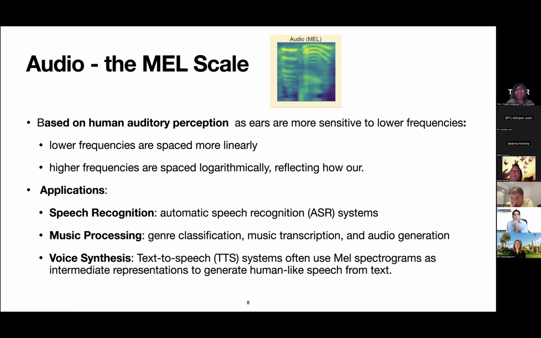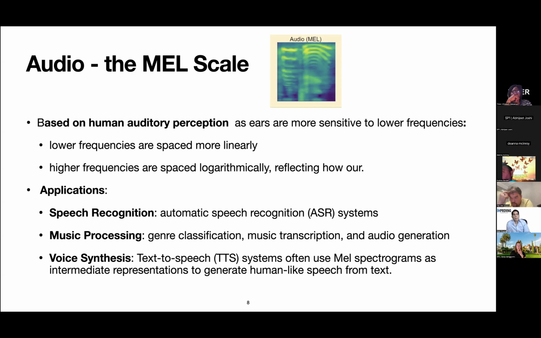The human ear is more sensitive to lower frequencies, as more of the content that we hear is in lower frequencies, whereas higher frequencies are where the ear is less sensitive. And as we get older, we also hear less of those higher frequencies. That's why the MEL scale was created to represent this human auditory perception. In this way, lower frequencies are spaced more linearly as they are more important, and higher frequencies are spaced logarithmically, reflecting our hearing system.